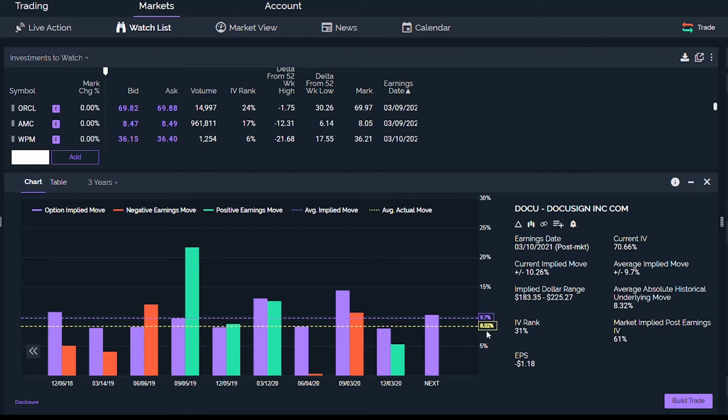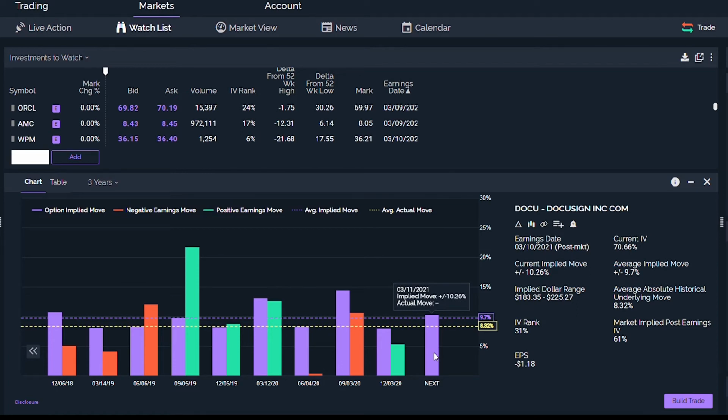And then the average actual move is 8.3%. So that's a good thing, because we have that average working in our favor, where the implied move is usually higher than the actual move. Here's our blue bar, this is our next earnings announcement.